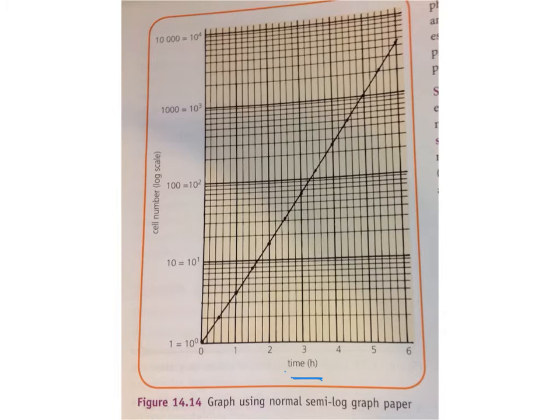At this side here, though, the cell number axis has got these cycles. So this is a cycle, here's another cycle, here's another, there's 4 of them. And you'll notice that the lines on the scale are getting closer together as you go up each cycle, and each cycle is made up of 9.